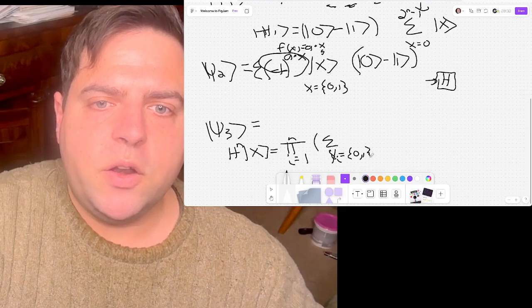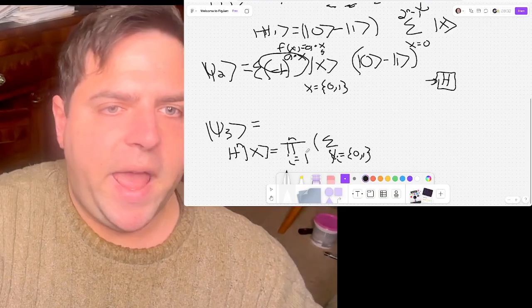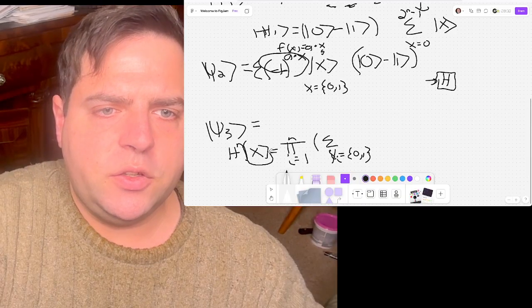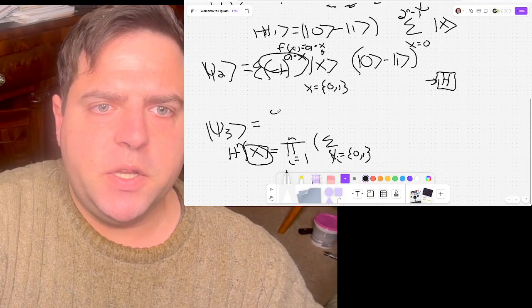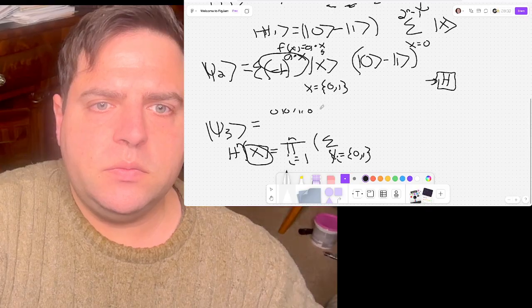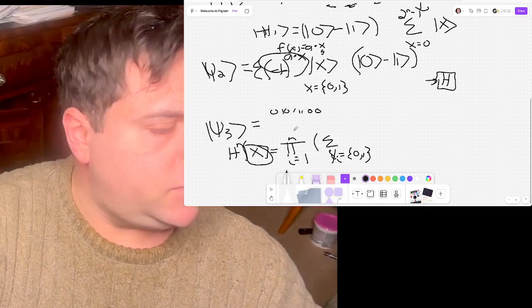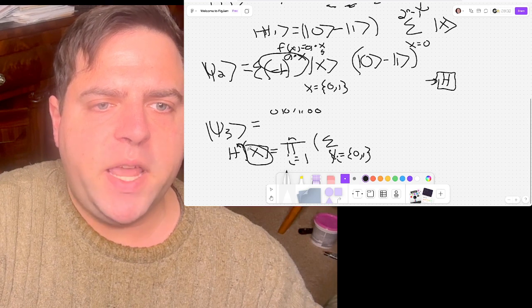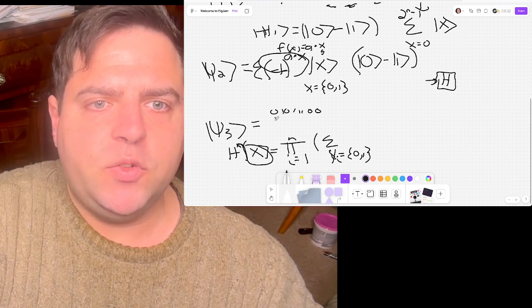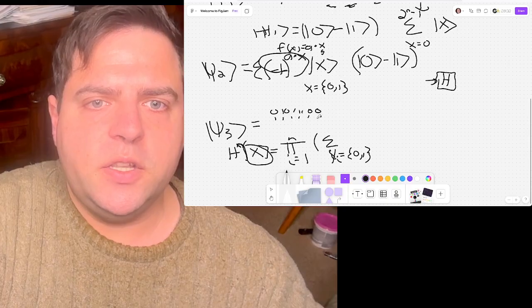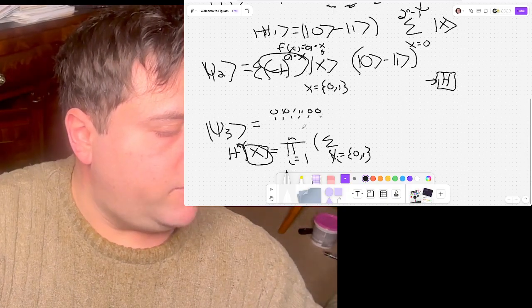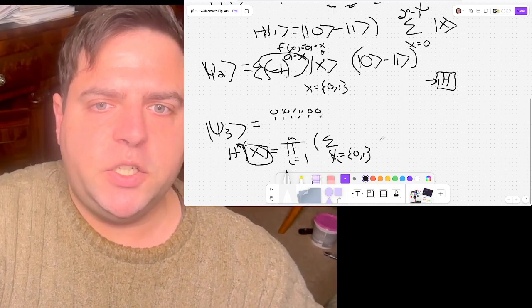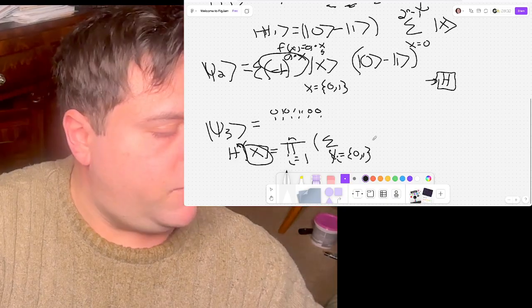This is just a relation that holds for generally a Hadamard gate acting on this x, which again is going to be a string of zeros and ones. Any string of zeros and ones, just a general string, and an n-dimensional Hadamard gate, meaning a Hadamard gate that is going to act on each one of these individually. So you can see this is going to be a mess. We're going to have to foil a lot of terms together, but this is a general relationship that comes out the other side when we're done foiling.